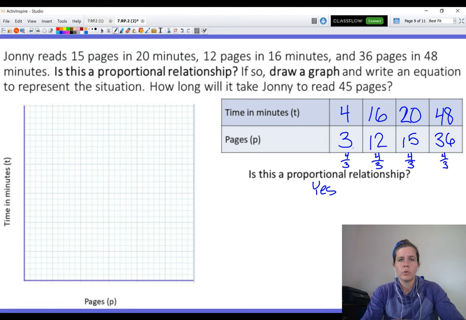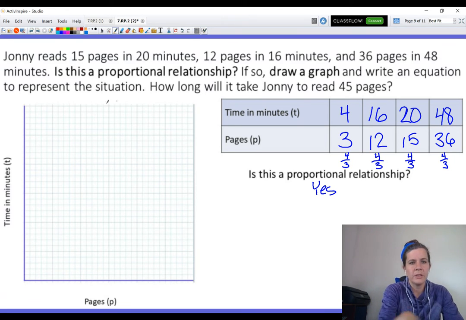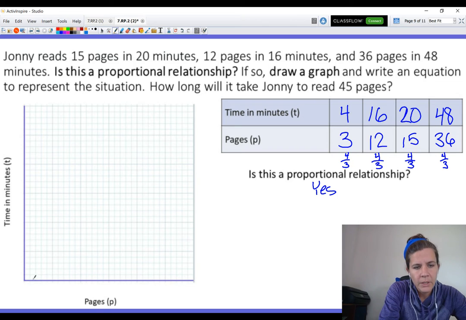So now we want to put it on a graph. Something to think about with this graph: I didn't have enough space on here to create a graph that went all the way out to 48 and 36. So what I did was I made each of these little lines be 2. So 2, 4, 6, 8, 10. And so each of the heavier lines is going to be a 10.